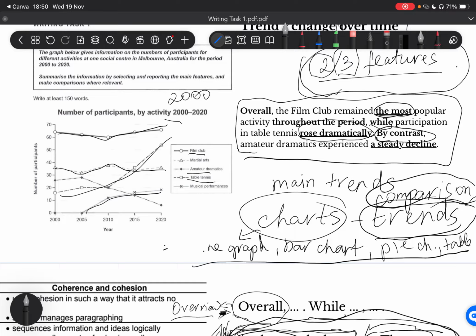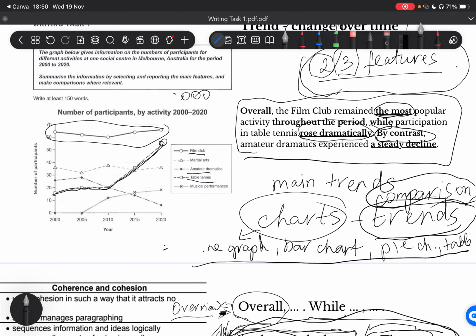So we can start from the most popular and include the other lines. For example, we can write about the one which is going up because it is something to mention. Like this is the most popular, and the second one also is going up.